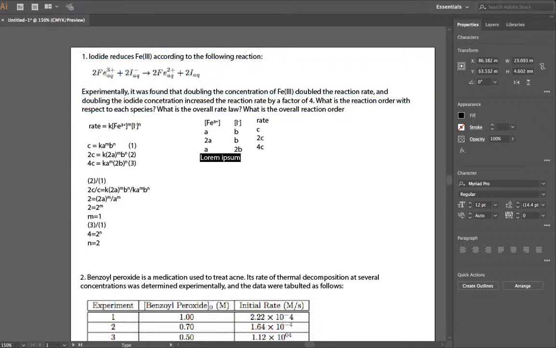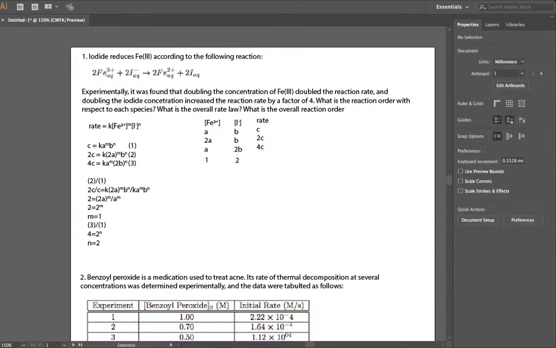The reaction order for Fe3+ is 1. For iodide, that's 2. Okay, so now let's go ahead and try to find the overall rate law. The overall rate law is basically this.